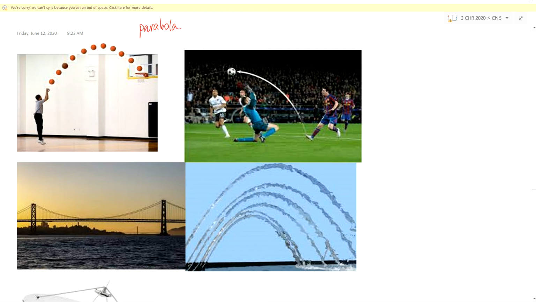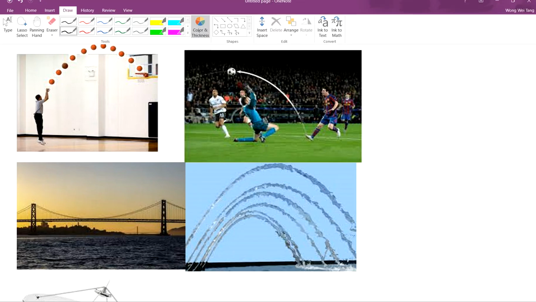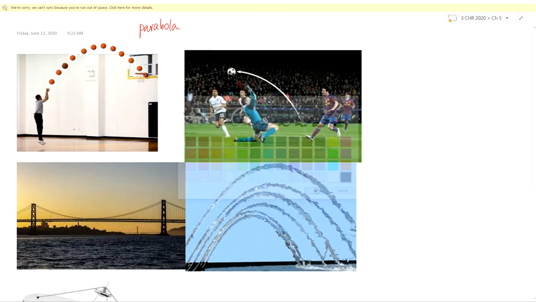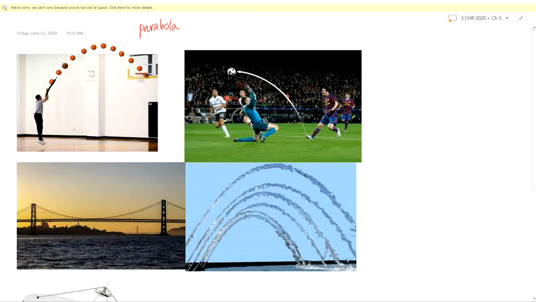Okay, so right now I'm going to trace out the parabola in each of these examples. So first over here, let's change the color. So here we've got a curve like this. Now in the bridge, if we were to trace it out, we can actually extend it also. You get a curve.